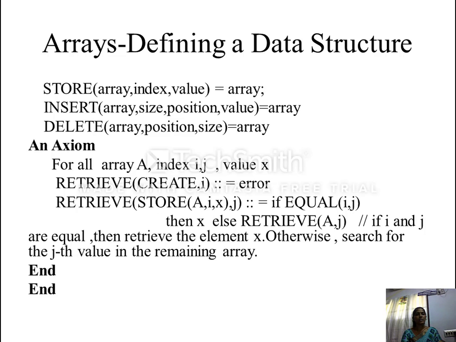The array data structure also has axioms. So, retrieve(create, i) equal to error means that when you try to retrieve the value before creating an array, it will show you an error.